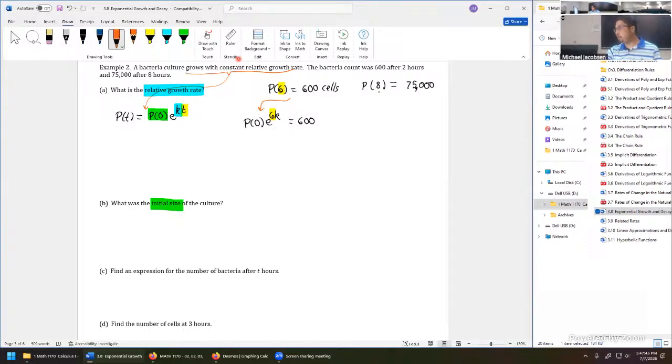From over here, the next equation, doing the same kind of thing, plug in the time for t at 8 hours, and that would mean P at 0 times e to the power of 8 times k, which is 75,000. So we used that equation twice, getting these function outputs. Our overall goal is to solve for k, and now with the two equations, we can make that happen.